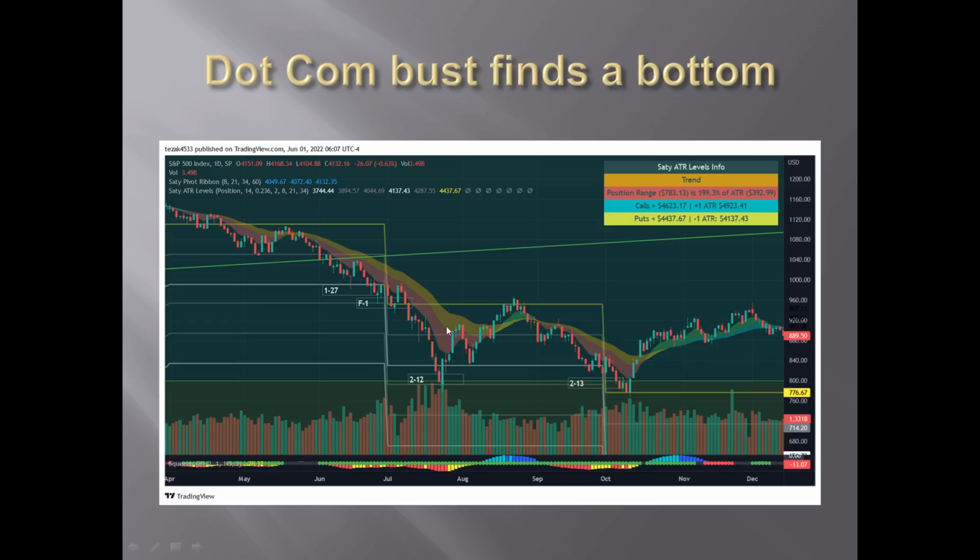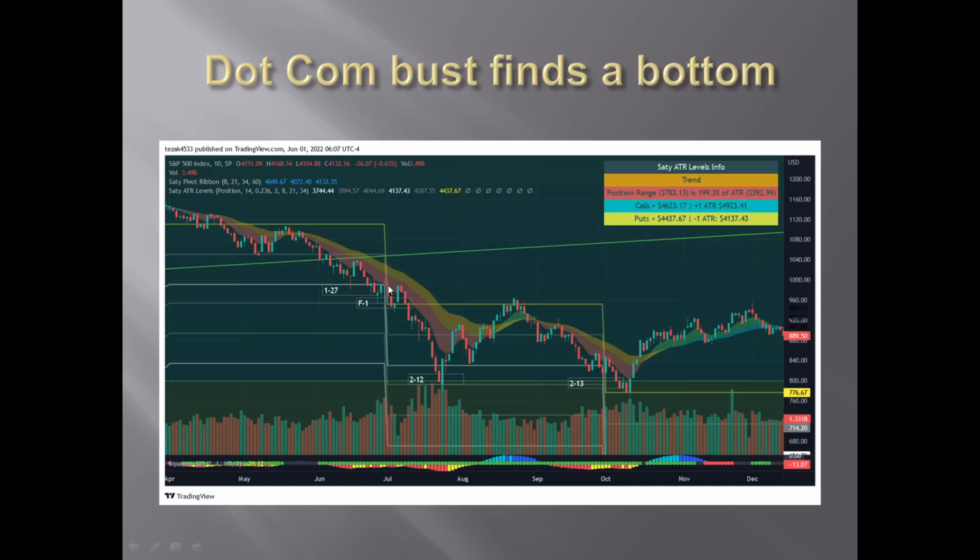Okay, finally we find a bottom of the .com bust. You get this one little touchdown here, bounces up, gets a nice move in the middle of your EMA cloud. But here you get the one failure that I talked about earlier in 2002, right? So the ATR shifted.